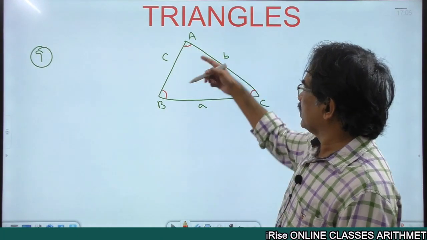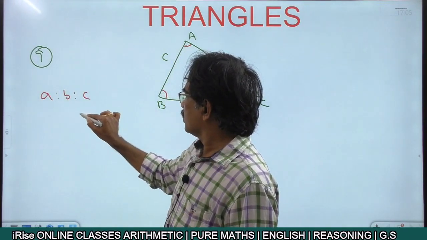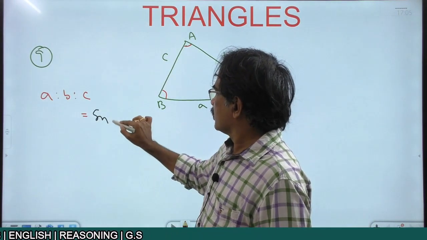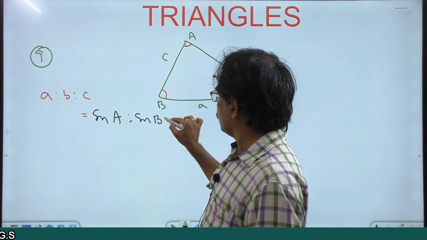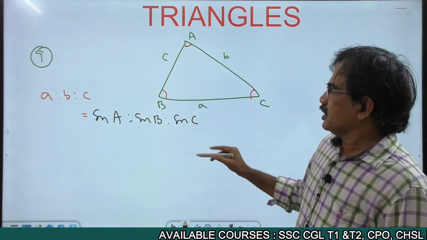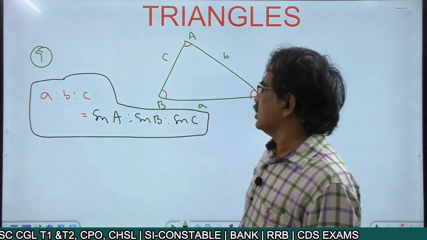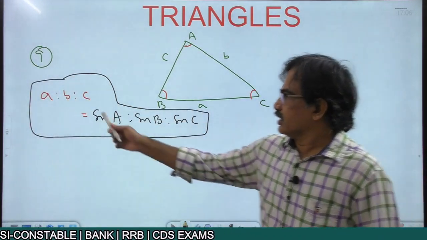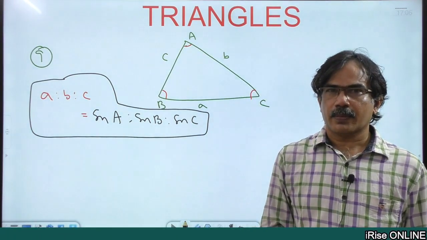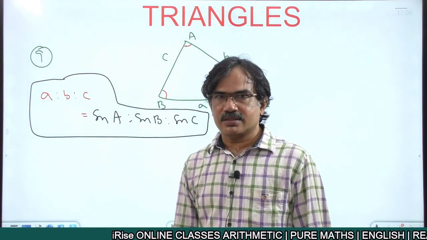Here, the ratio of the sides a is to b is to c is equal to sin A is to sin B is to sin C. The ratio of sides is equal to the ratio of sines of angles.